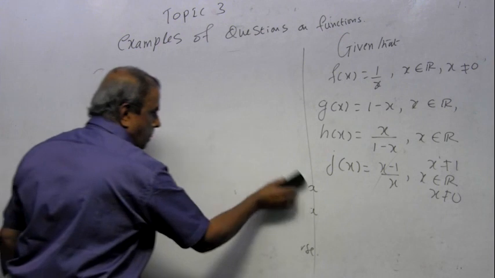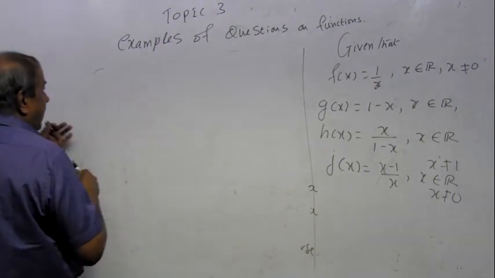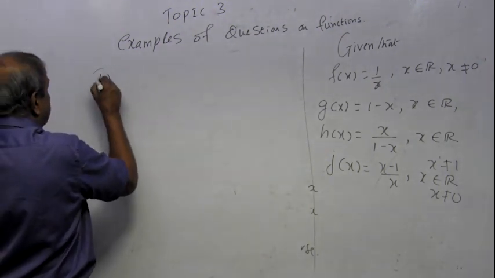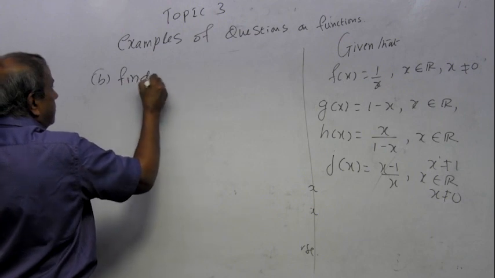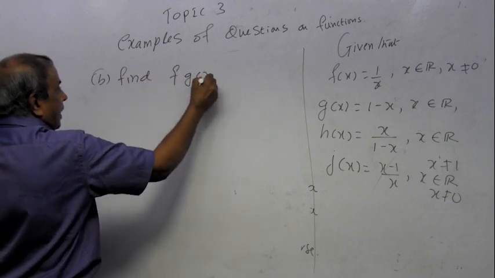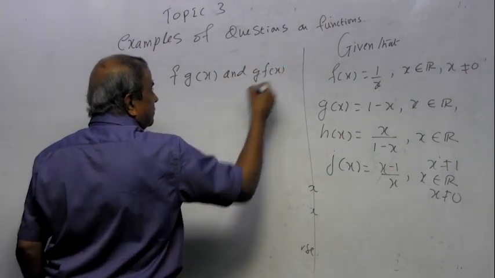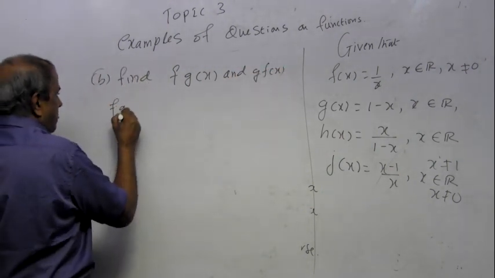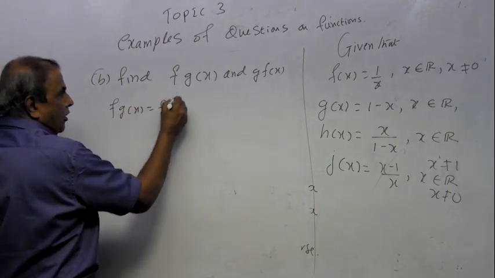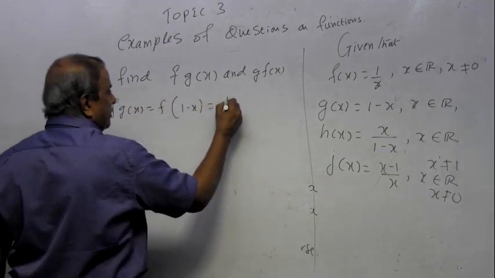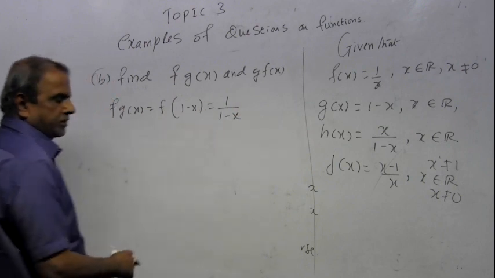Now let's do this. Find fg of x and gf of x. What is fg of x? It means f of 1 minus x, which is 1 over 1 minus x.